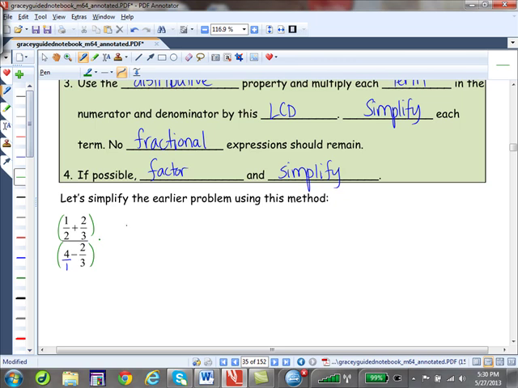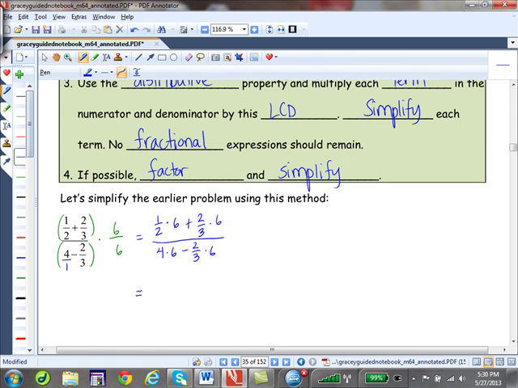We multiply the numerator and the denominator by the LCD, which is 6. So here we go. Now the 6 has got to go with both the 1/2 and the 2/3. So you'll get 1/2 times 6 plus 2/3 times 6 all over 4 times 6 minus 2/3 times 6.